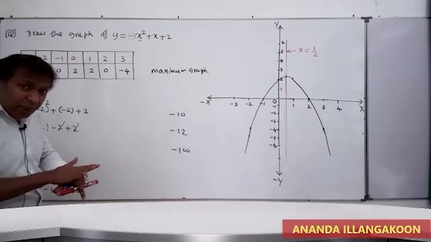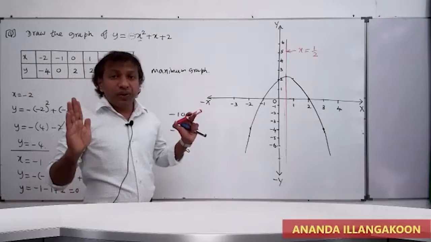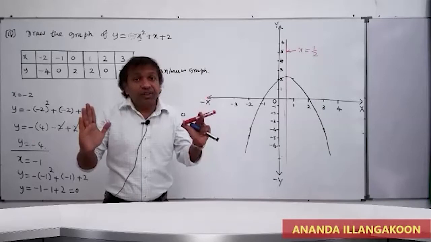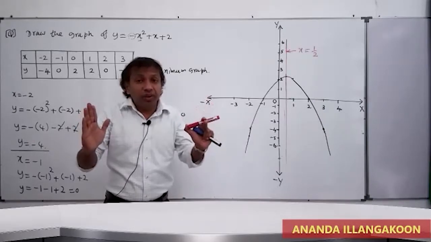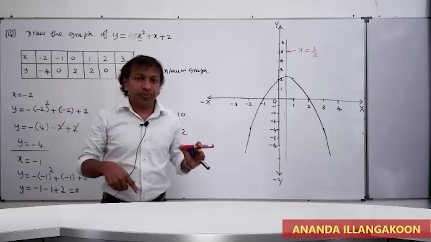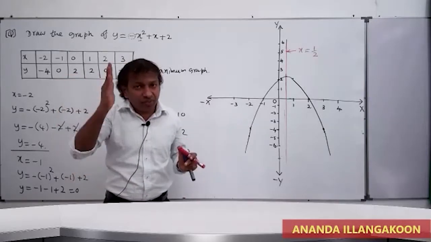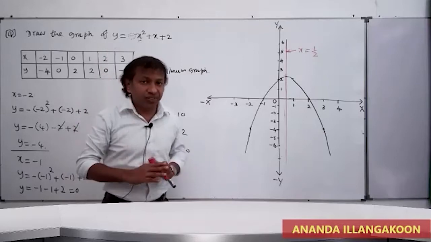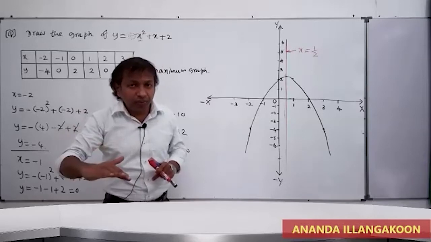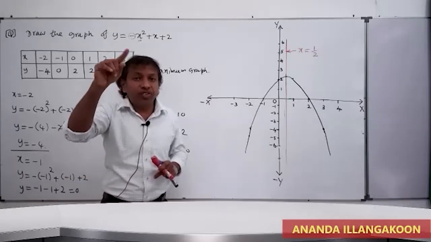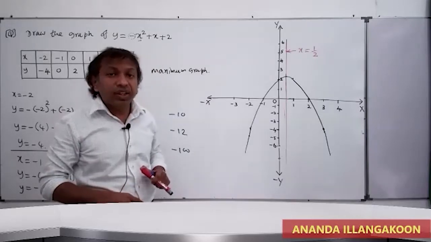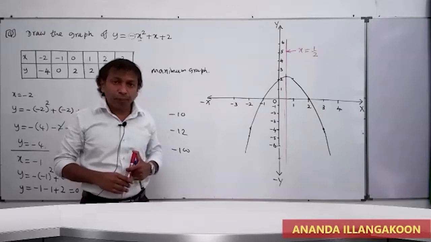So by the summary up to here, people, you have to understand, right? A quadratic graph can basically have two shapes: minimum and maximum. What are the properties? The graph is symmetric about a line which is parallel to the y-axis. The graph has a lowest point if it's a minimum, and a highest point if it is a maximum. That lowest or highest point on the graph is called its vertex or the turning point.